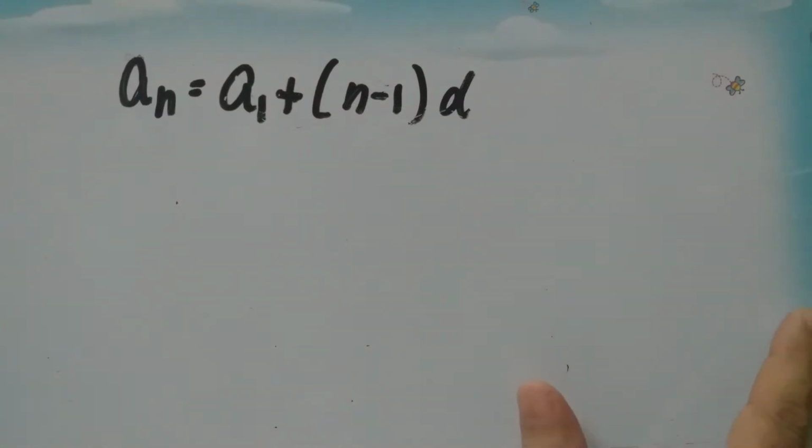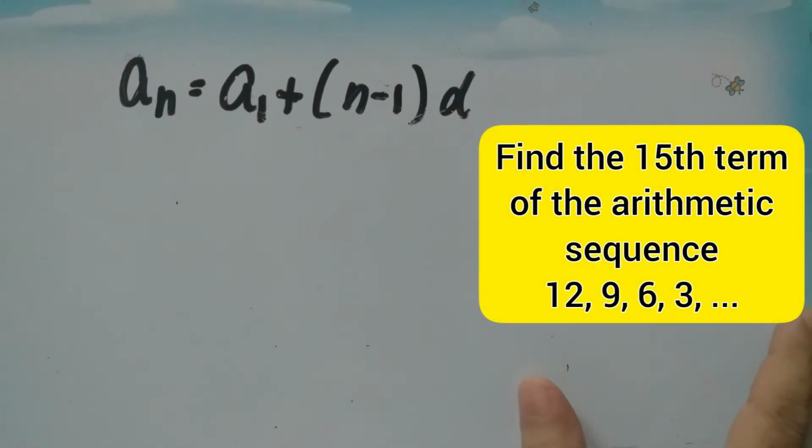Let's have another problem. Find the 15th term of the arithmetic sequence 12, 9, 6, 3, and so forth. So let us solve the given problem.